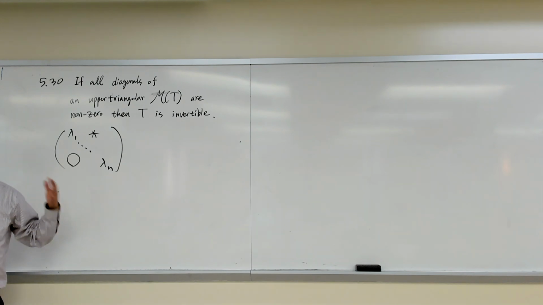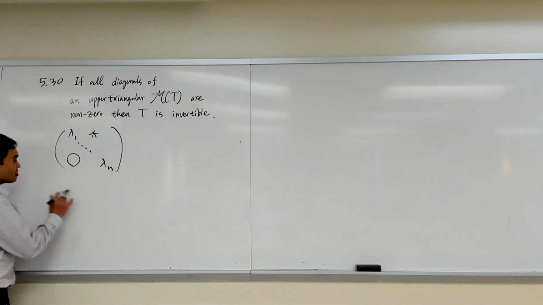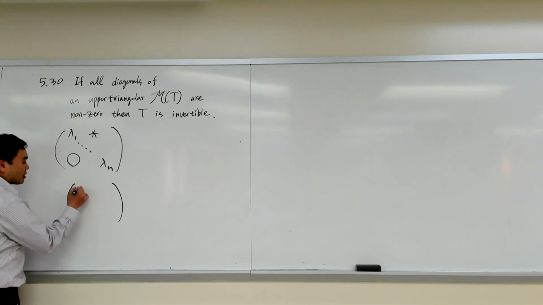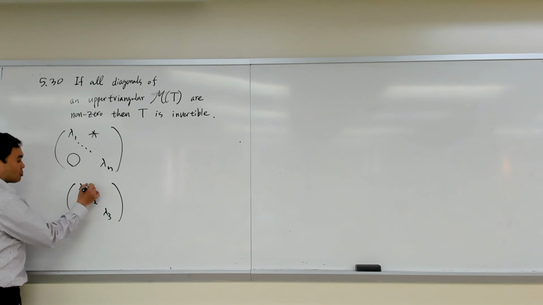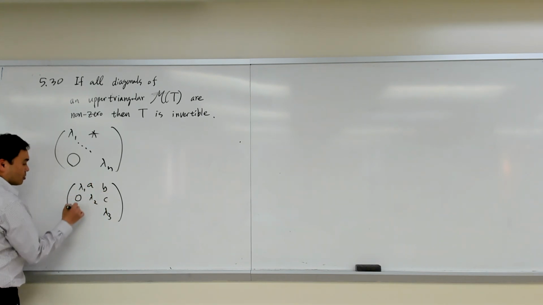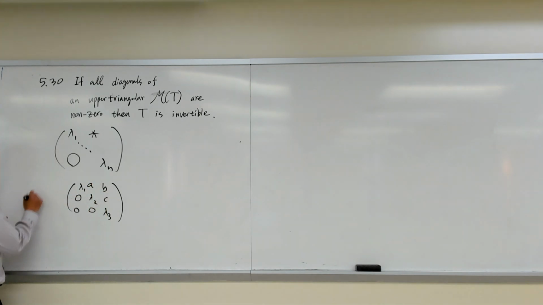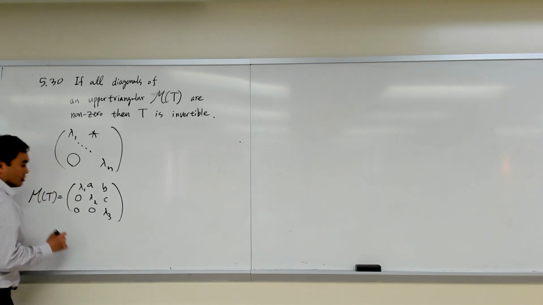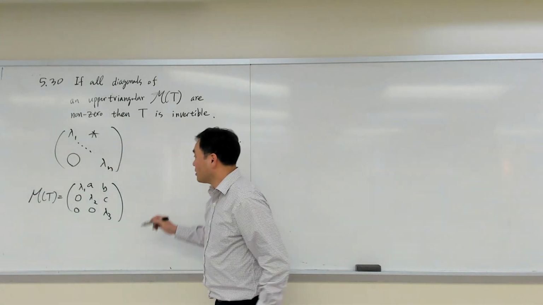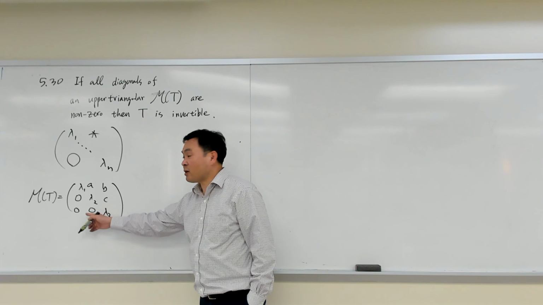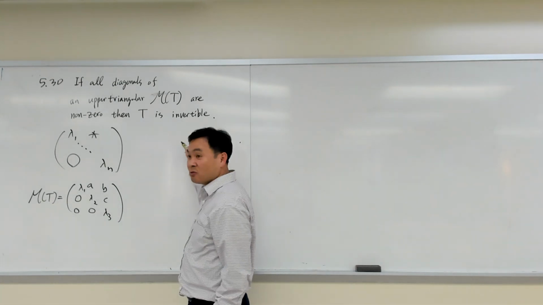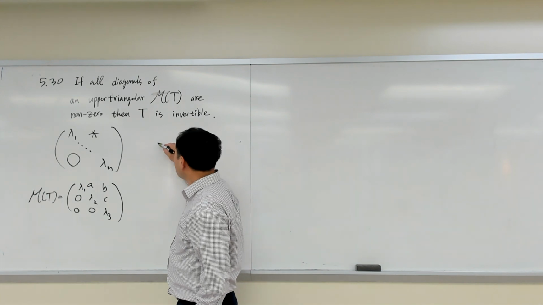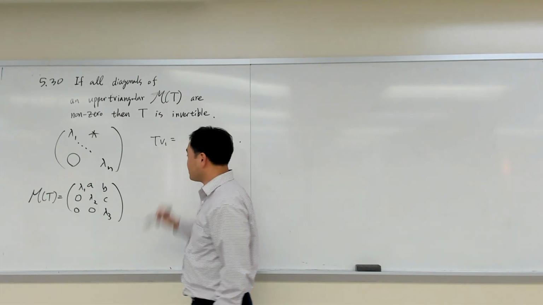Again, if you write down a 3 by 3 matrix, let's just do this one: lambda 1, lambda 2, lambda 3, and I'll just put a, b, c, 0, 0, 0. So let's say M of T is this. If the basis that produces this matrix is v1, v2, v3, tell me what T of v1 is.